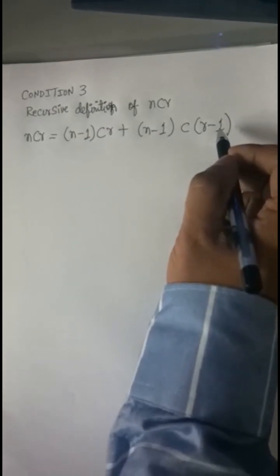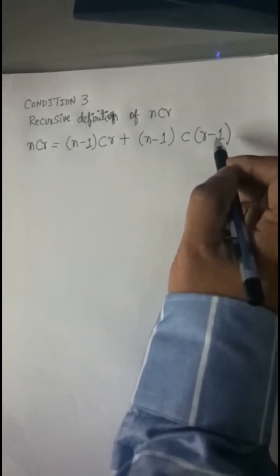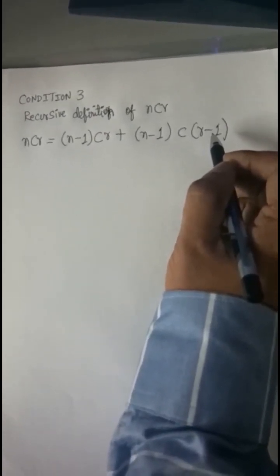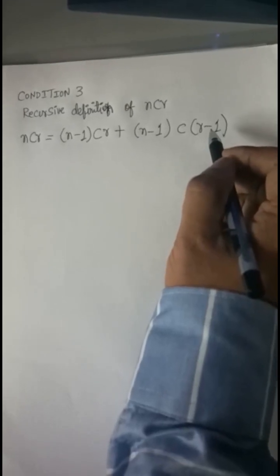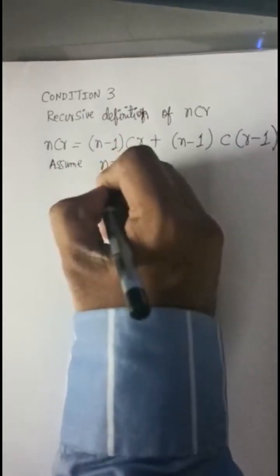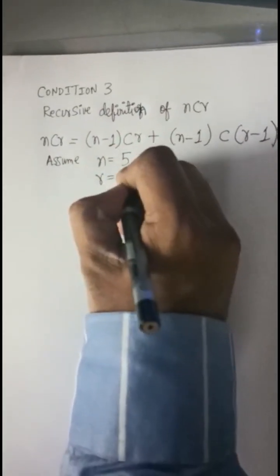So now, in order to use this recursive definition of nCr, we are again going to assume the values of n and r. I will assume n value equal to 5 and r value equal to 2.